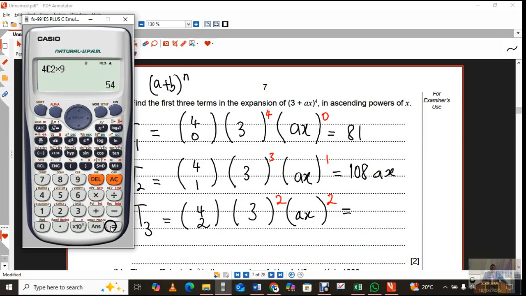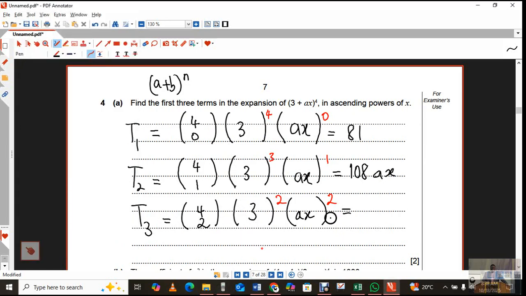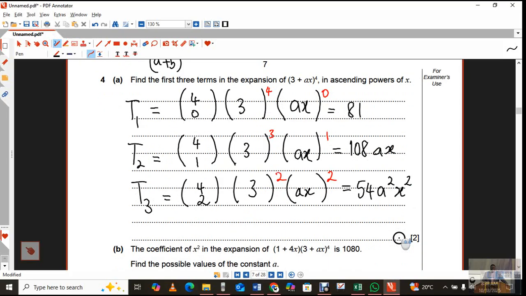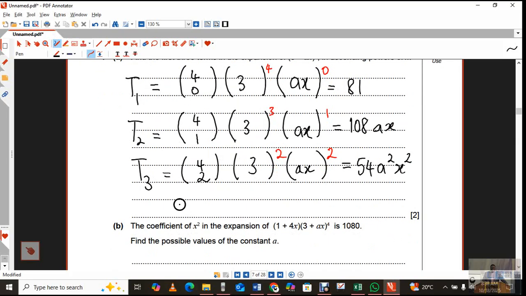So what is that going to be? That is 54, and a squared, x squared. So my 3 terms are 81, all of them are positive, plus 108ax, plus 54a²x². Right.